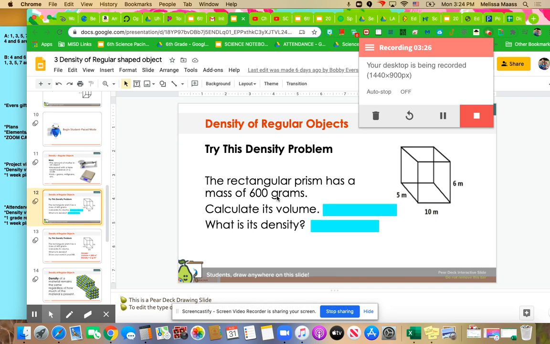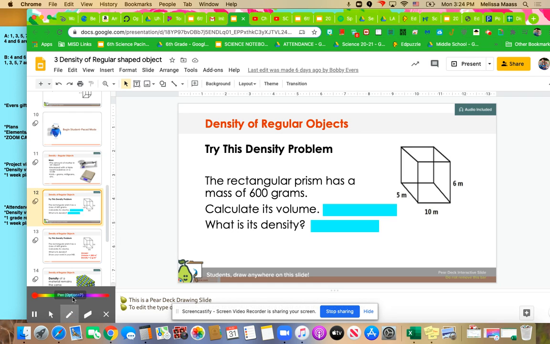It's going to have a mass of 600 grams. So let me get my little pen here, and we'll do it in this pink color. So I have 600, and you have 600 grams, and that's going to be your mass.